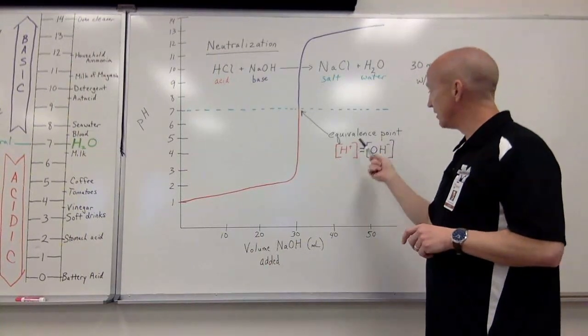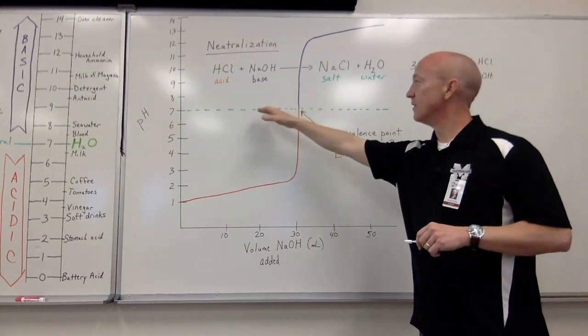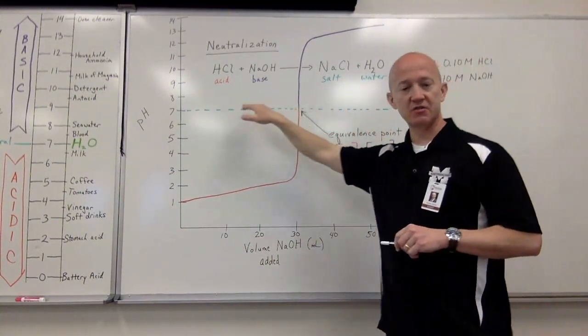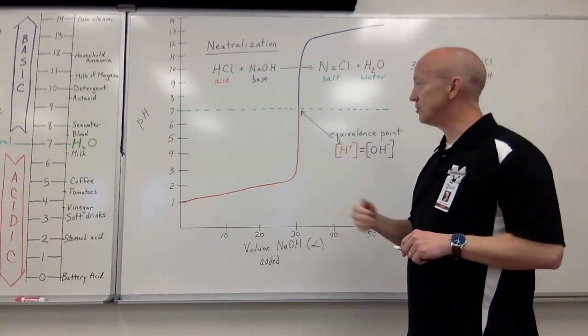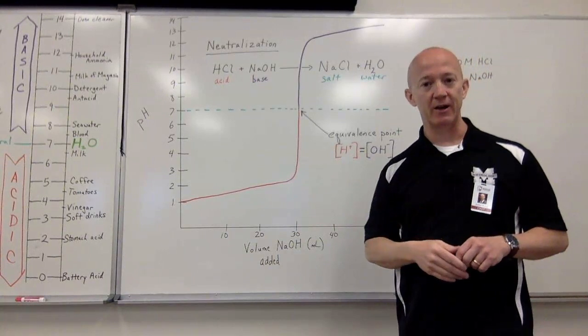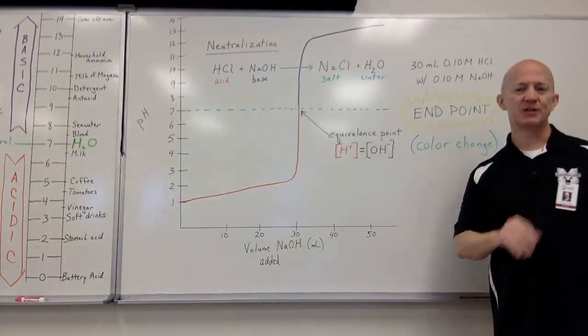We call this the equivalence point. And that's the point that we see here right around pH of 7. In a strong acid, strong base situation, we do see the equivalence point right around the neutral zone, pH of 7. Now let's be honest for a second.